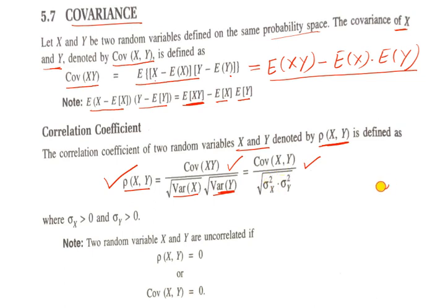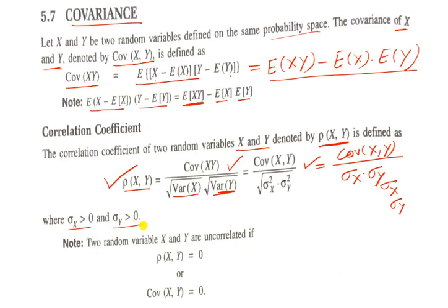Here sigma x is the standard deviation for the random variable X and sigma y is the standard deviation for the random variable Y, and this will be covariance of x comma y upon sigma x into sigma y, where sigma x and sigma y are always positive.